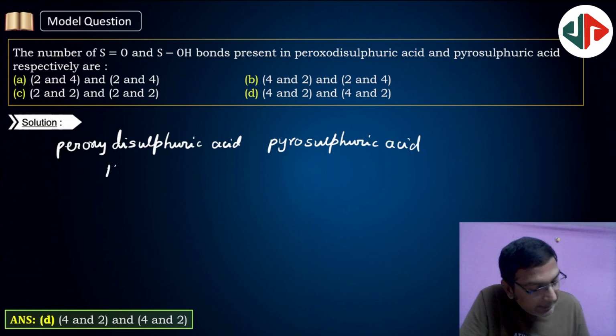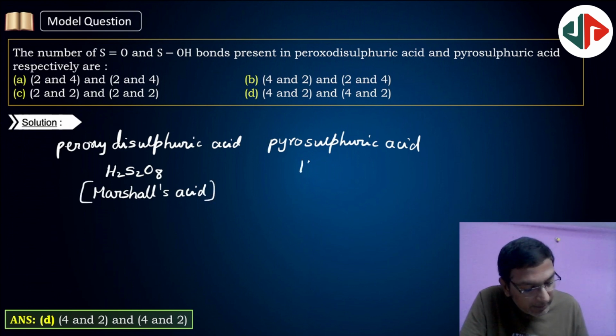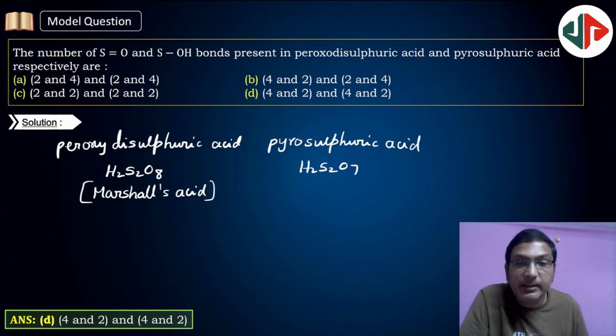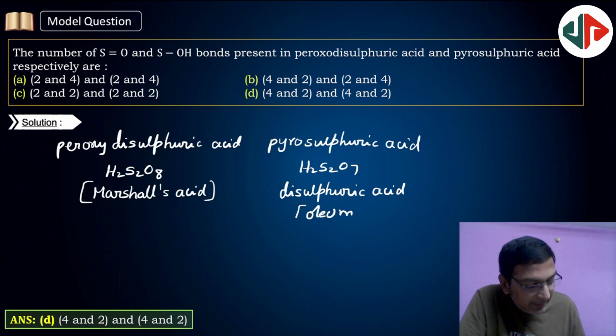So peroxy disulfuric acid is H2S2O8, which is also known as Marshall's acid. Next, pyrosulfuric acid H2S2O7, which is also known as disulfuric acid or oleum. These are different names.